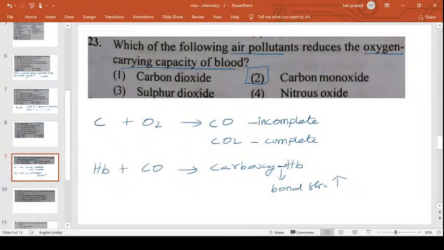Therefore, this hemoglobin is not free. Since it is not free, it loses its oxygen carrying capacity. Therefore, this carbon monoxide pollutant reduces the oxygen carrying capacity of blood. Carbon monoxide is one of the air pollutants. Next question.